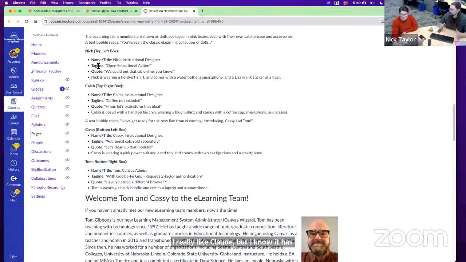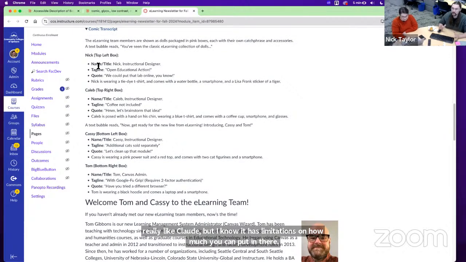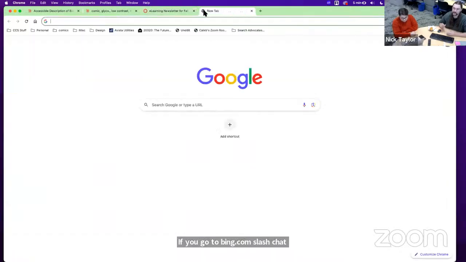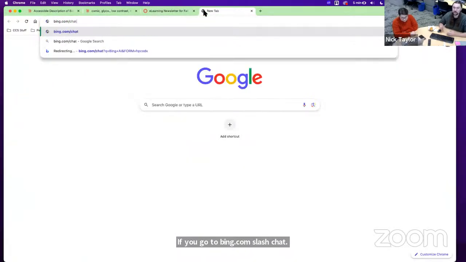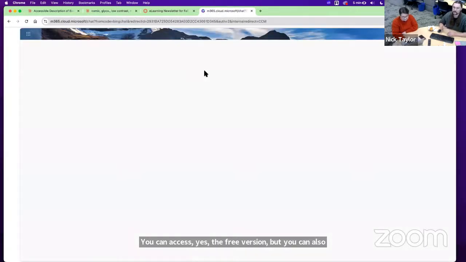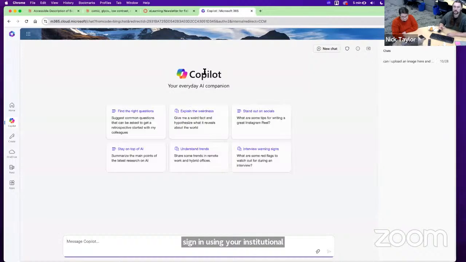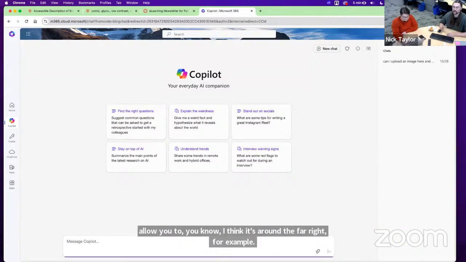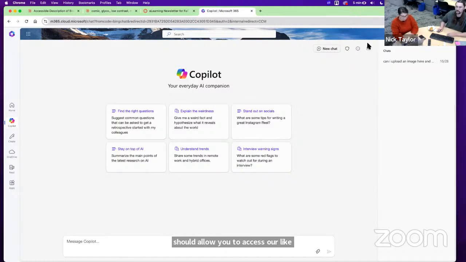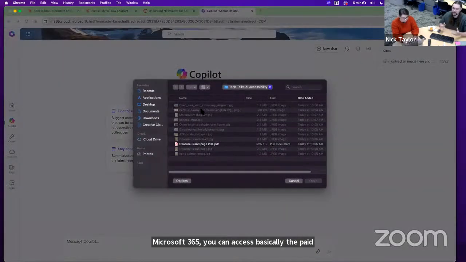With our Office 365 license, if you go to bing.com/chat, you can access the free version, but you can also sign in using your institutional email, and that should allow you to access our essentially paid version. If you're already signed into Microsoft 365, you can access basically the paid version of Copilot, which also has some data security things associated with it. And that's the one I use.